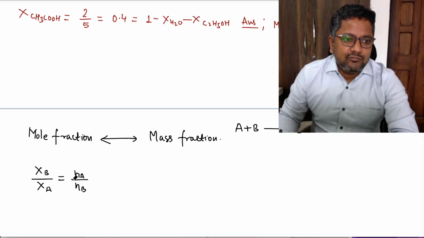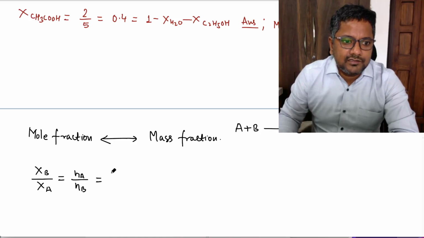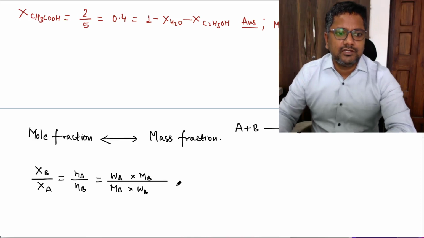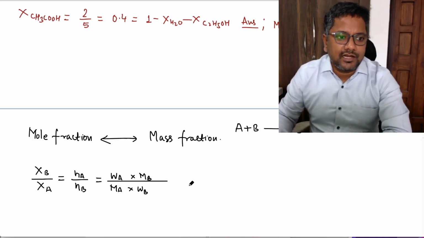Now change this moles of A. What you may write in terms of mass? You can write mass of A by molar mass of A, right? And change this NB. In place of NB you can write mass of B by molar mass of B. So this will come here, right?